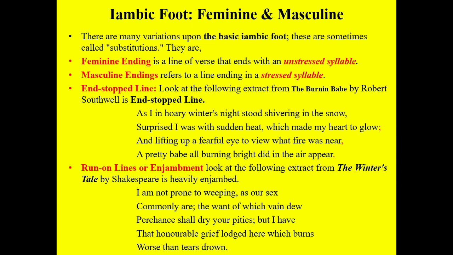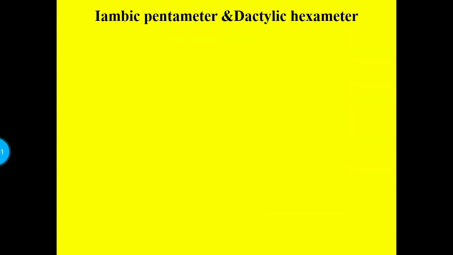So if you look at both stanzas, if you find punctuation at the end of the line, that is called end stopped line, and if you find punctuation marks in the middle, that is called run-on lines.